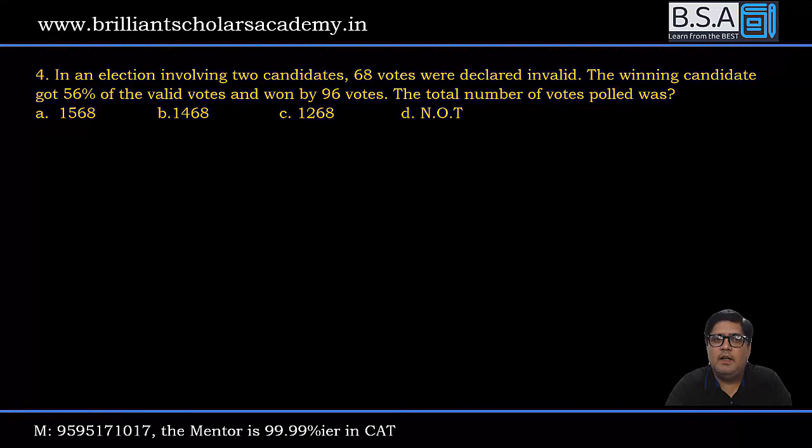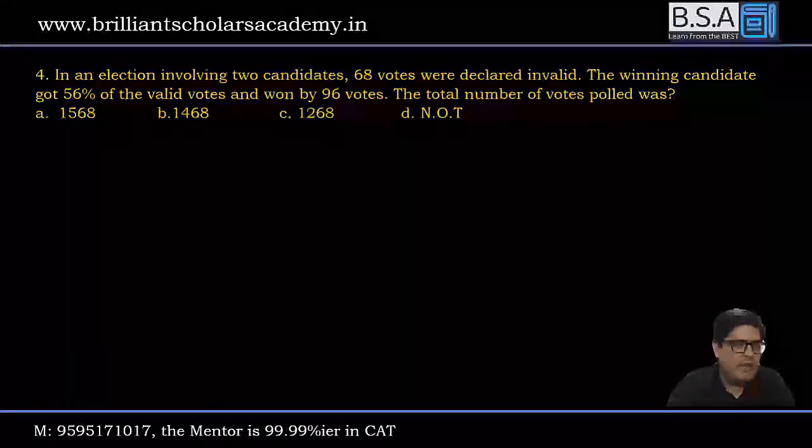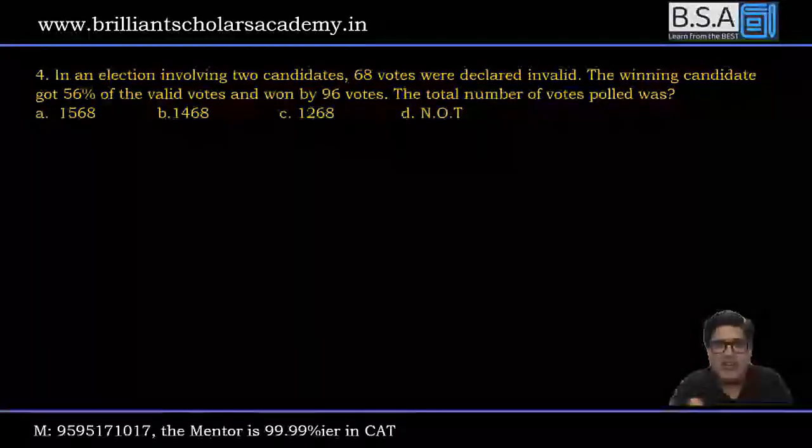In an election involving 2 candidates, 68 votes were declared invalid. Invalid means these votes cannot be considered for winning or losing. They do not matter in winning, losing. 68 votes do not matter.